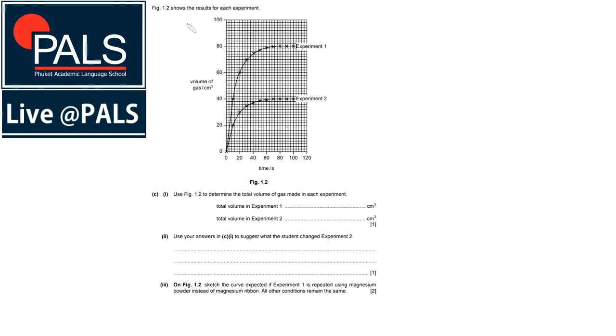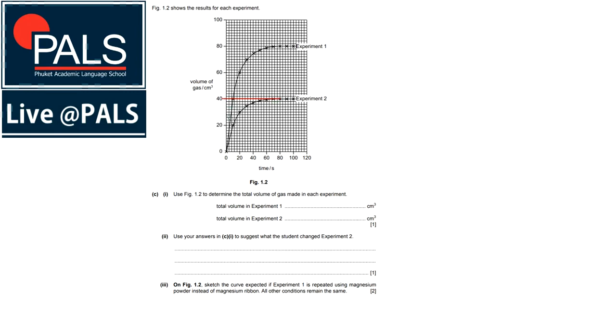So the second part of the question, figure 1.2 shows the results of each experiment, the rate of reaction, and we use figure 1.2 to determine the total volume of gas made in each experiment. Here we have the time, and on the y-axis we have the volume of gas produced, so we just go to the maximum and draw a line over.